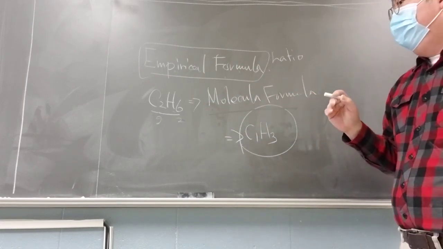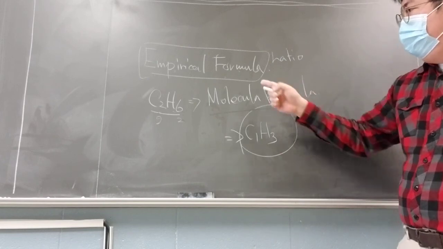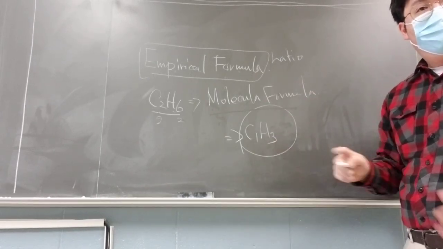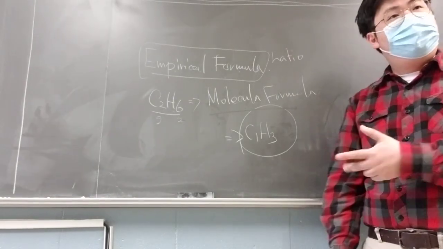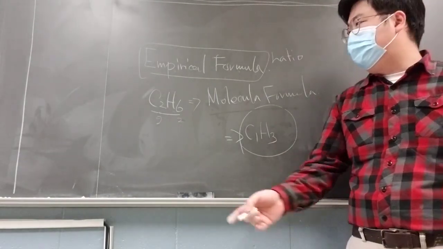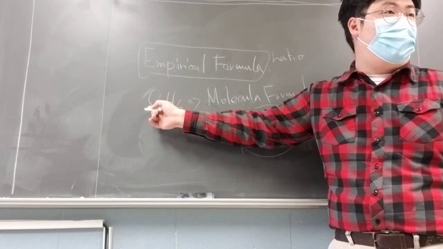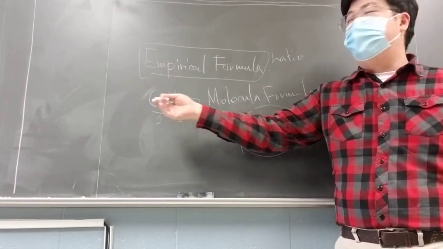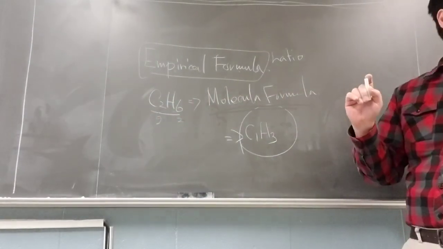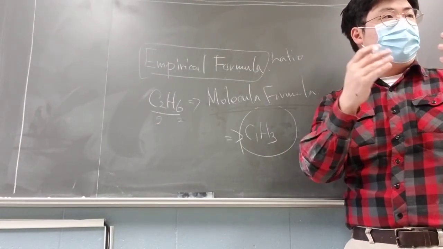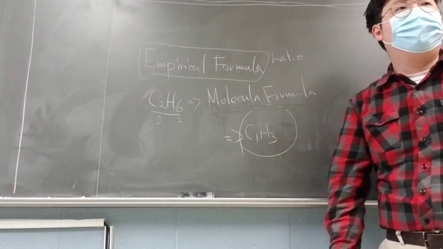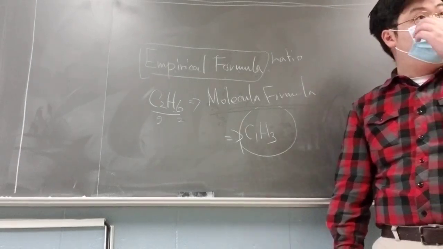So if I look at the empirical formula here and you say this compound has 1 carbon and 3 hydrogen, that's wrong. Because the actual numbers of each element in the actual compound are only shown in the molecular formula, but the empirical formula will tell you the nice integer ratio between these two. That's the difference. Makes sense, right?